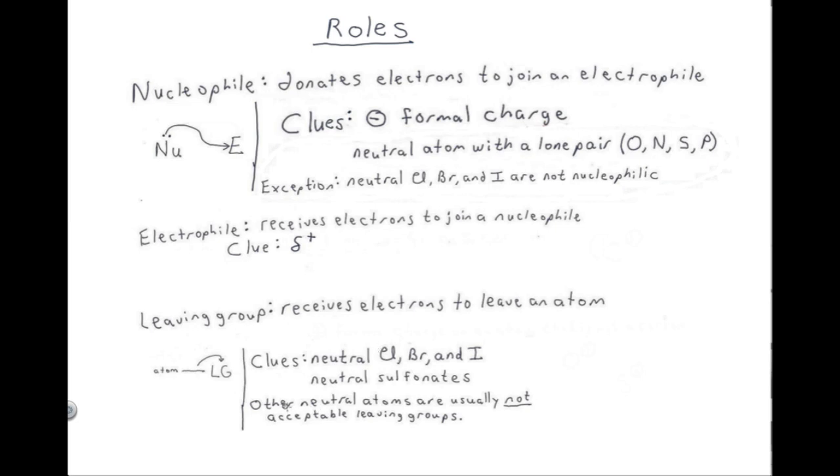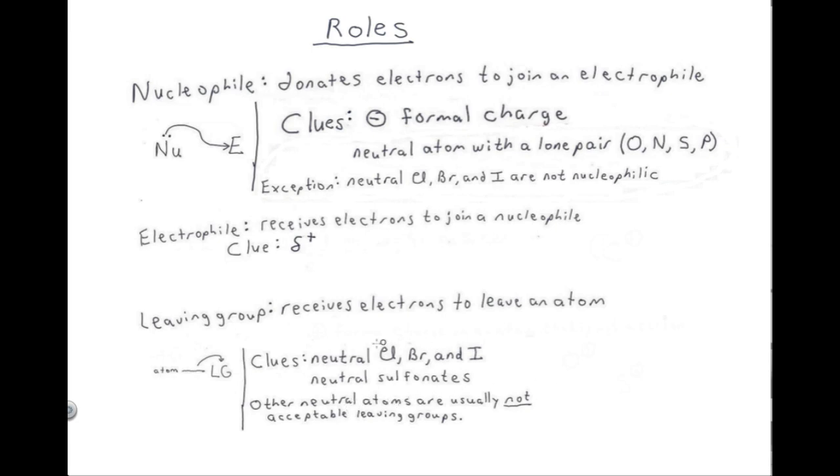And we learned that other neutral atoms are usually not acceptable leaving groups. So your general policy should be that you should generally assume that a neutral atom is not an acceptable leaving group unless you've specifically learned that it is an acceptable leaving group, or unless there's some clear reason why it should be an acceptable leaving group.